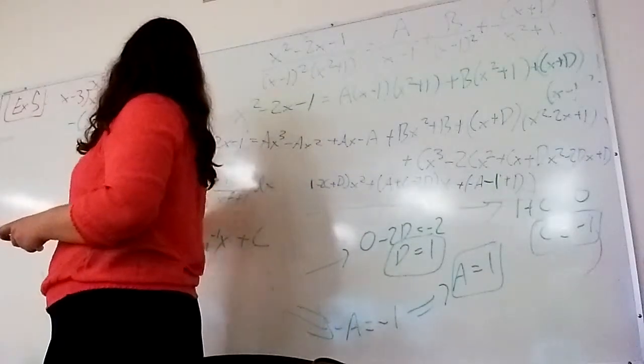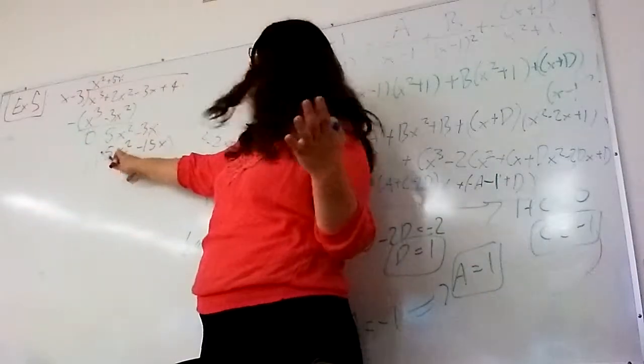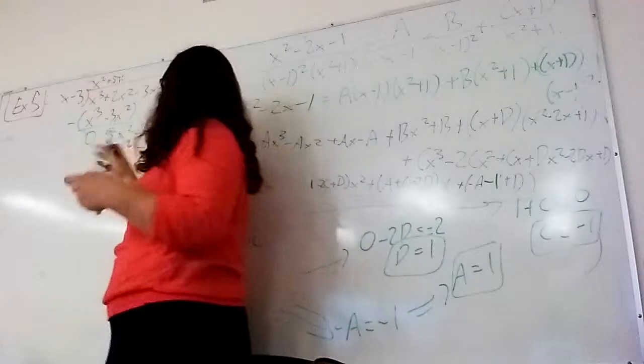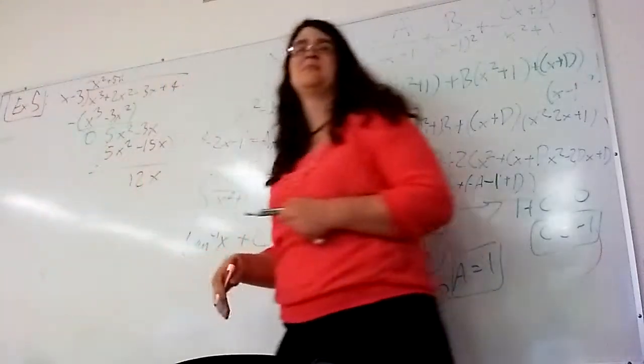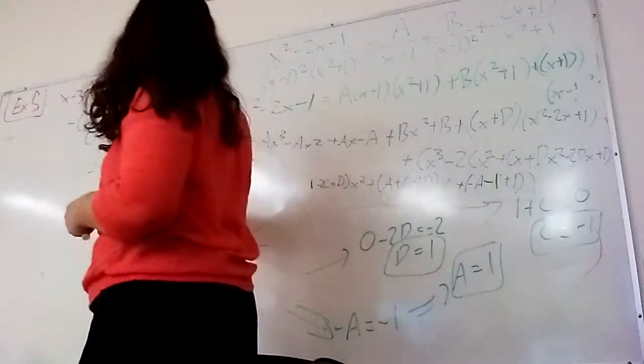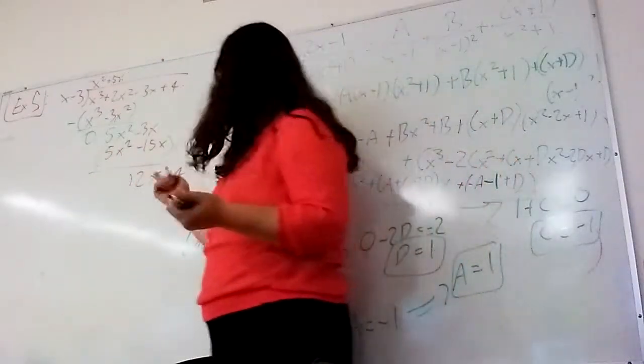Then we subtract again. 5x squared minus 5x squared, they cancel. Negative 3x minus negative 15x becomes 12x. And then we bring down the next term, plus 4. And then we repeat again.